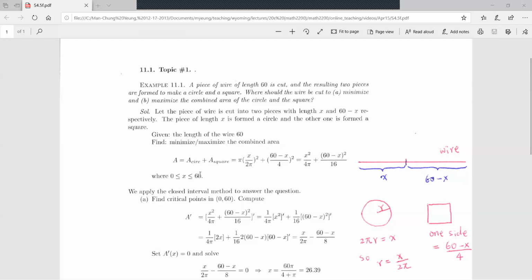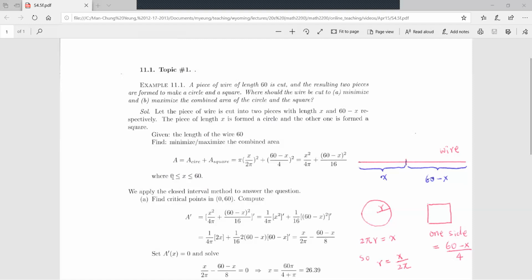So the value of X is between 0 and 60. The question is how to choose X between 0 and 60 so that A is minimized or A is maximized. This is the question.